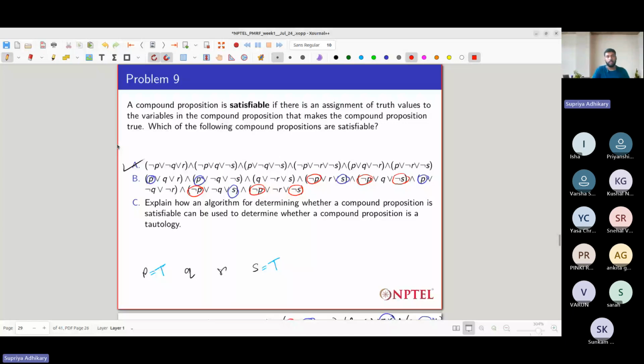Now, for this clause over here, both negation P and negation S have the truth assignment F. So to make this clause have T, we must give the truth assignment true to the other literal. And similarly for this one, negation of R must be true. That means this R must be false over here. So if we do that, negation of R would be true, over here also negation of R would be true, and over here would be true.